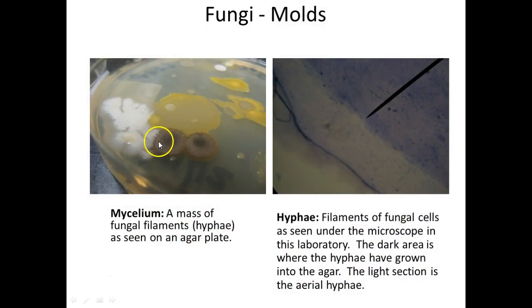So again, when you see the mass on the petri dish or on your bread, that's a mycelium. When you look at it microscopically and you see the individual lines, that's the hyphae. And for this older slide I had, you could actually see this was the part in the agar where it was growing, and this was the part above the agar where it was growing up in the air, this fuzzy up part.